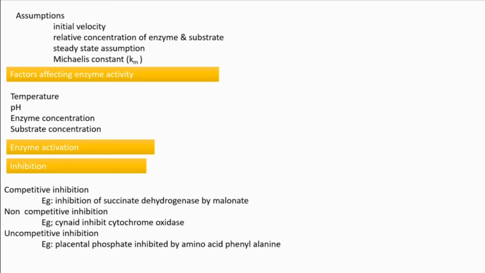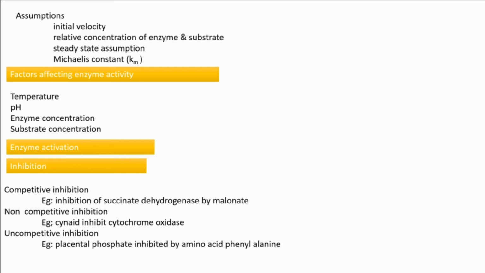It is the enzyme converting succinate to fumarate. That enzyme's action is inhibited by the inhibitor malonate. Malonate resembles succinate, so it binds with the enzyme, blocks succinate from binding, and thereby prevents the formation of fumarate. That is competitive inhibition.